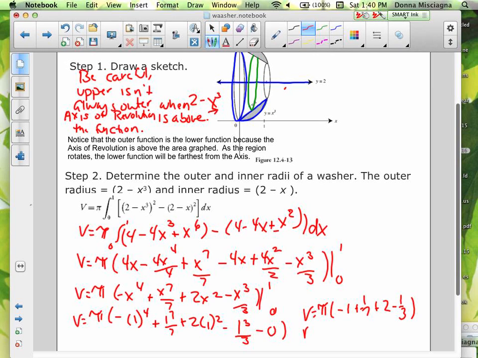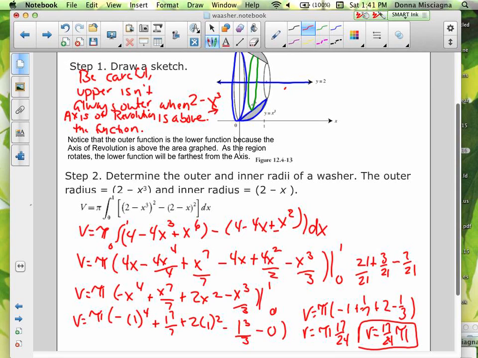So our volume is pi times, negative, that's going to be 1, and then plus 1/7, and that would be 3/21. This would be 21/21 minus 7/21. So that's going to be 17/21. So our answer, our volume is 17/21 pi.